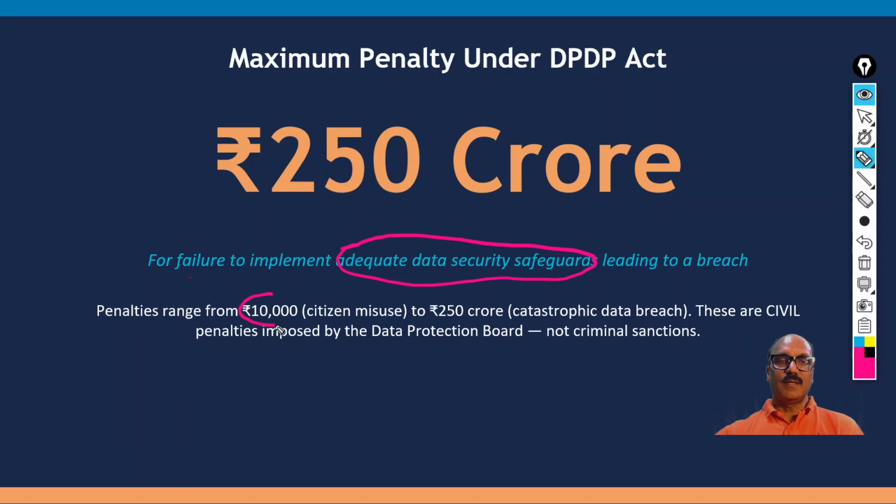And the other reason, right, is misuse of the act by the data principal, the citizens, by filing false complaints, which will lead to a penalty of up to 10,000. Another is failure of the data fiduciaries to fulfill the obligations of the act, and other reasons are data breaches and data leakages, for which the data fiduciary will face those penalties.